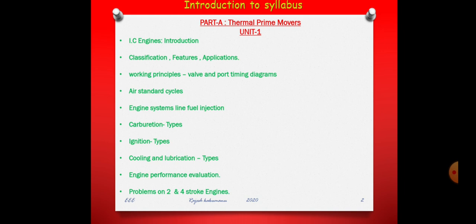Next, what are the types of cooling systems? We have air cooled engines and water cooled engines. Where we use air cooled engines and where we use water cooled engines also depends upon the classification of IC engines.